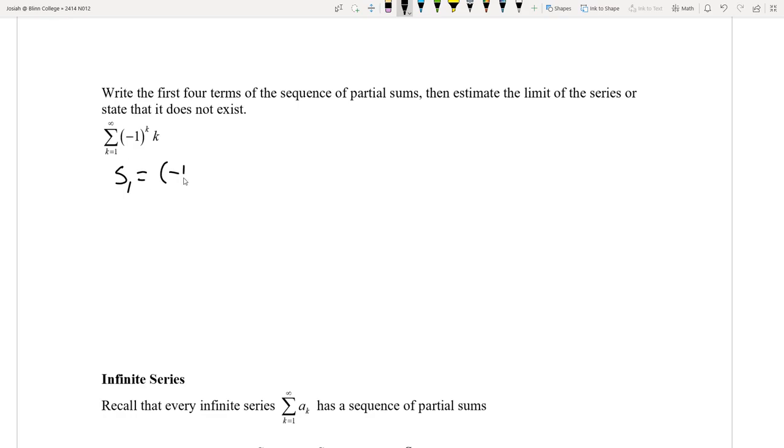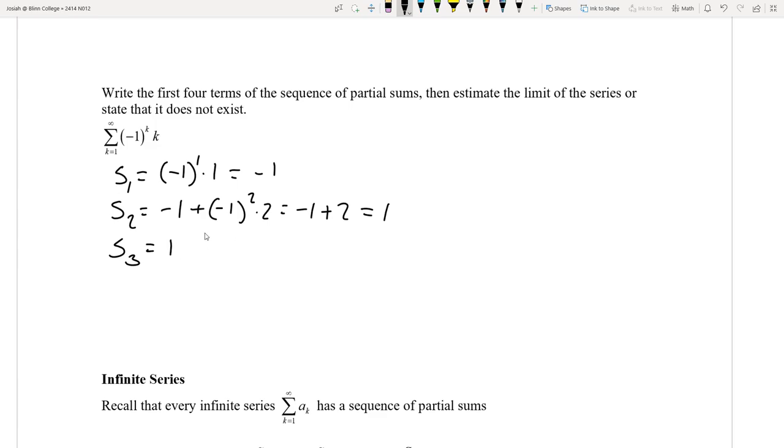We've got -1 to the first times 1. That's -1. For S sub 2, we've got -1 plus, and we plug in 2 for this, -1 squared times 2. That's -1 plus 2, which is just 1. S sub 3, we've got 1, add on the third term, so -1 to the third times 3.